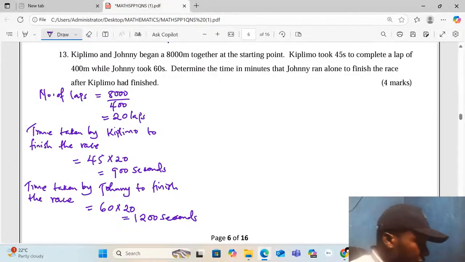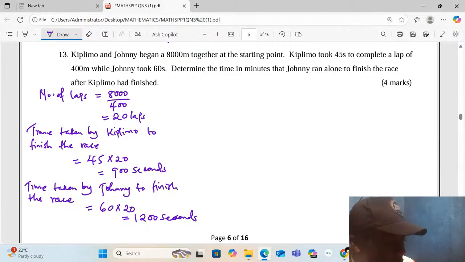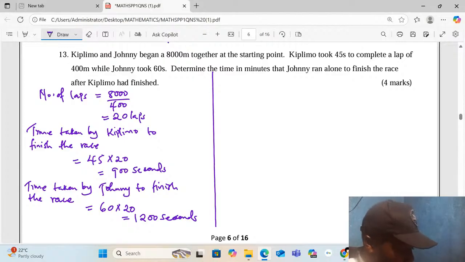Now they want the time which Johnny ran alone. So that means it is the extra time that Johnny ran alone after Kiplimo had finished. Johnny finished using 1,200 seconds, but Kiplimo finished using 900 seconds.